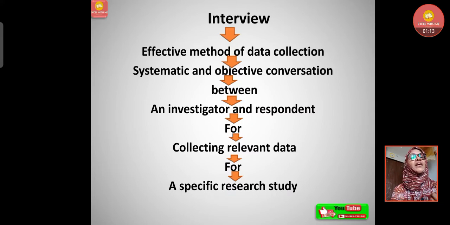It is a systematic and objective conversation. Now what is interview actually? It is a systematic and objective conversation between whom? An investigator and a respondent, obviously. For what? For collecting relevant data for a specific research study. So it is an interview.